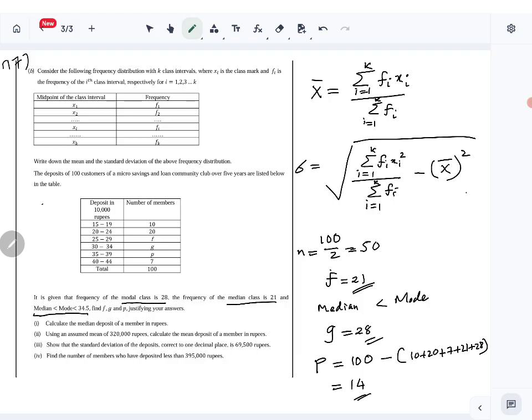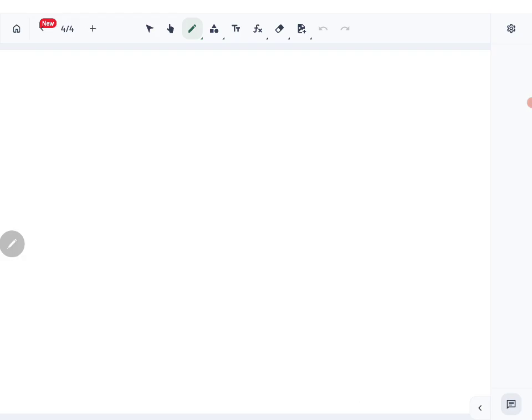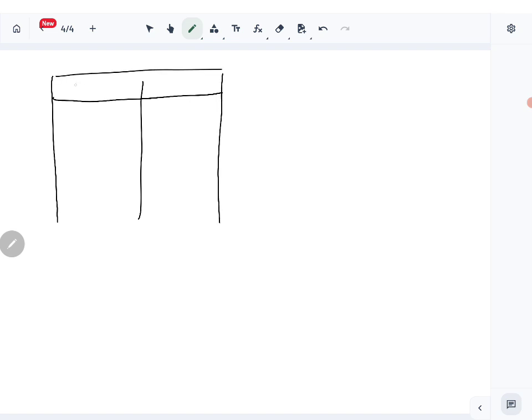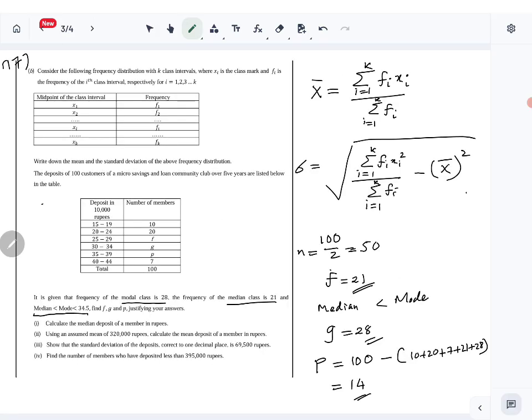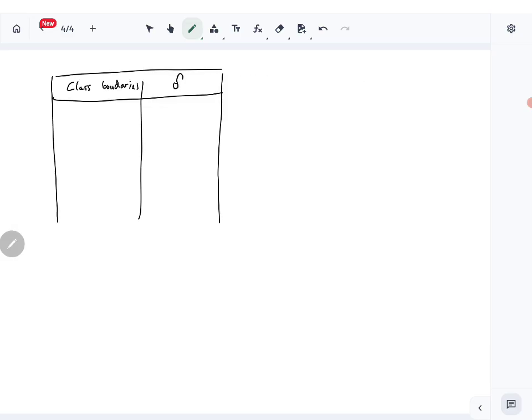Right, then calculate the median deposit of a member in rupees, and using assumed mean. First, let's do the table again with class boundaries, class boundaries, frequency fi.